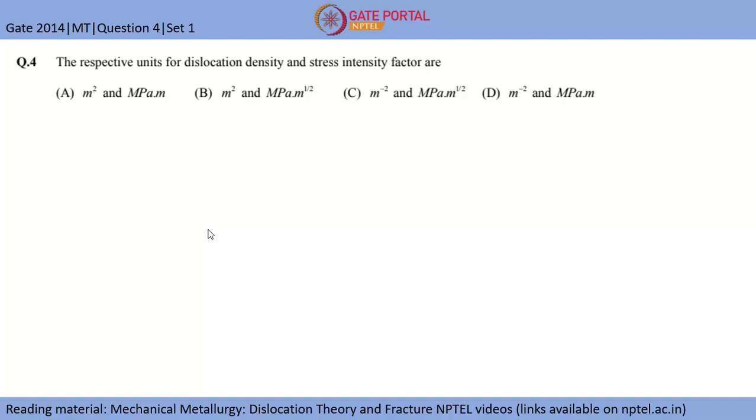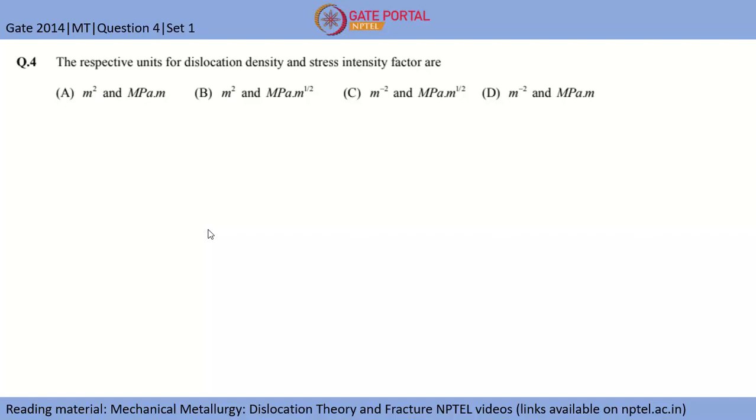The respective units for dislocation density and stress intensity factor are: option A is meter square and MPa meter, option B is meter square and MPa meter root meter, option C is meter raised to power minus 2 and MPa root meter, and option D is meter raised to power minus 2 and MPa meter.